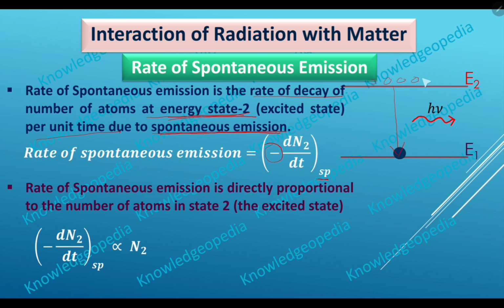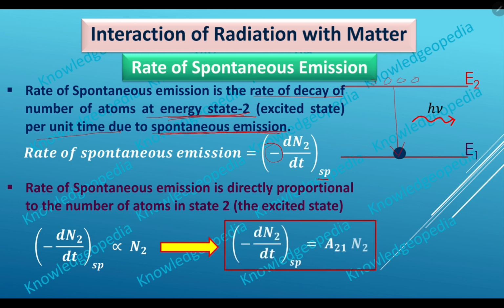If fewer atoms are there, then we will get fewer transitions or spontaneous emissions, right? Now if I remove this proportionality sign, I have to multiply with some proportionality constant, and it is written as A21, and this A21 is known as Einstein coefficient of spontaneous emission.